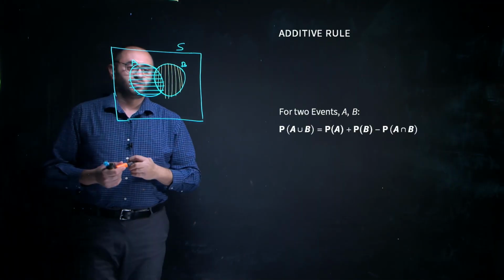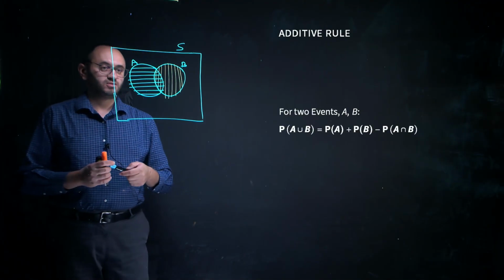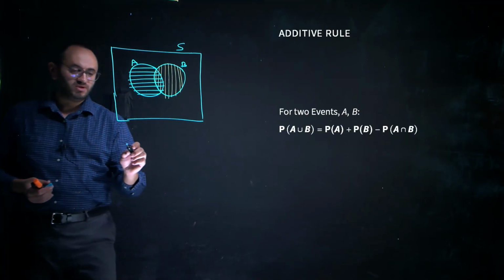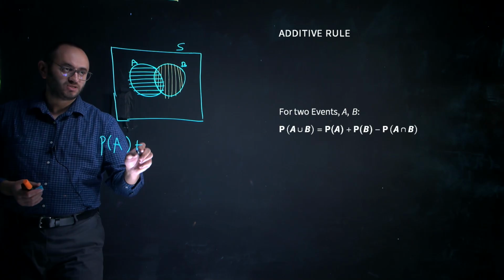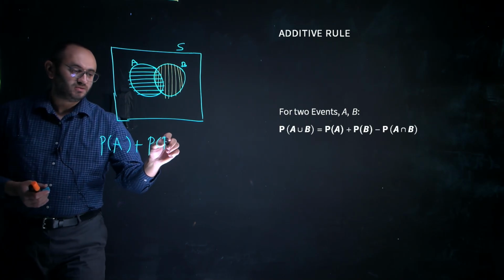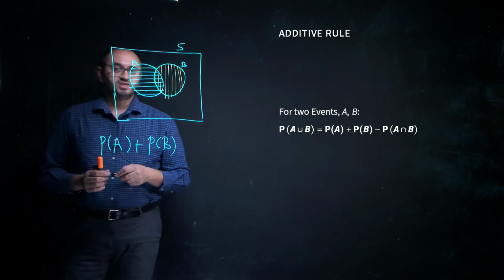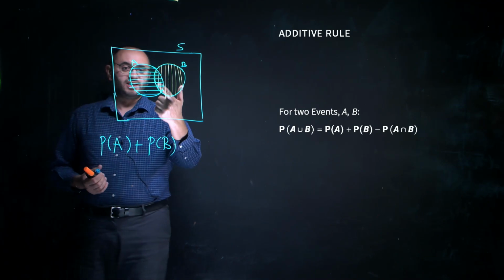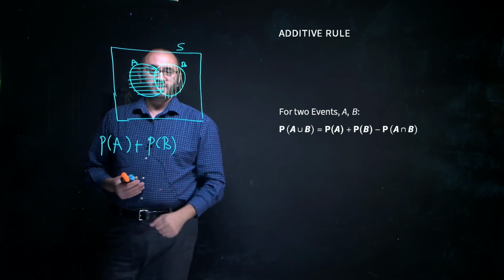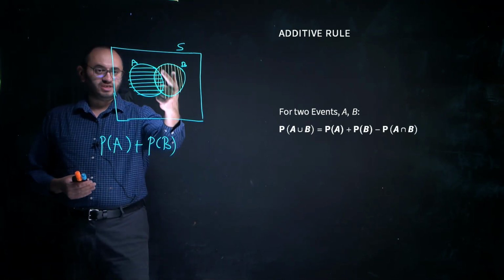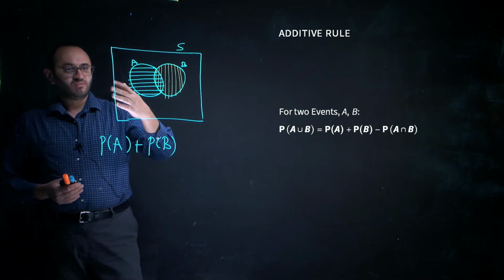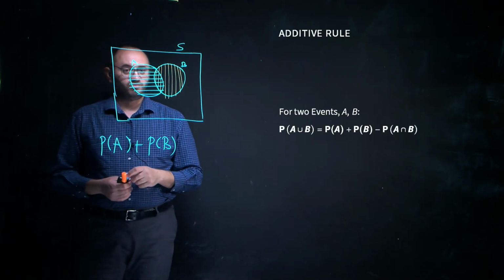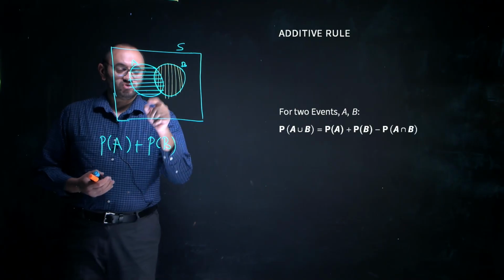Now, if you write probability of A plus probability of B, this means you count the overlap twice. As you see in the overlap, we have two colors, right? They have some elements of A and some elements of B, so we count them twice.